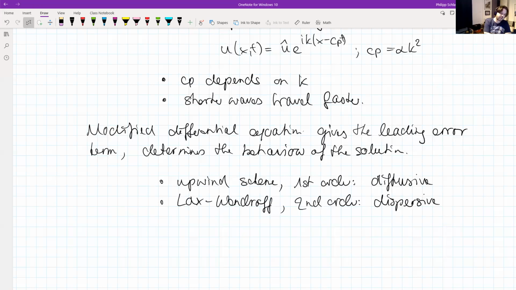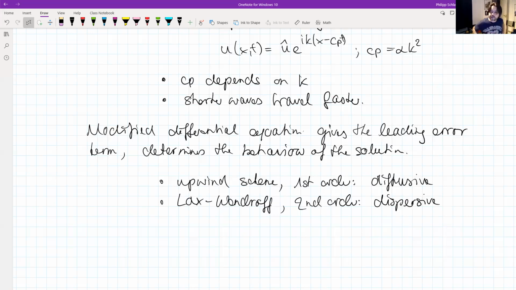And in some sense, this also explains why under certain circumstances, it's actually very difficult to stabilize second order schemes, or schemes where you have gotten rid of the diffusion term.